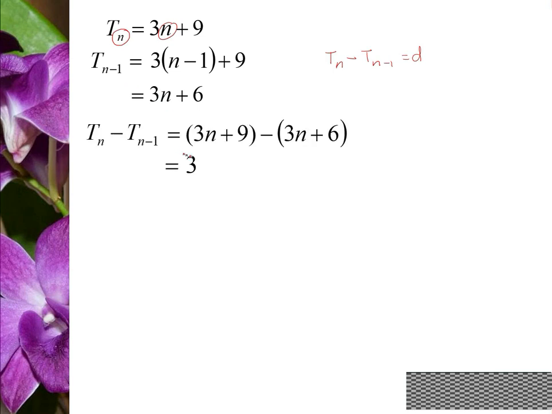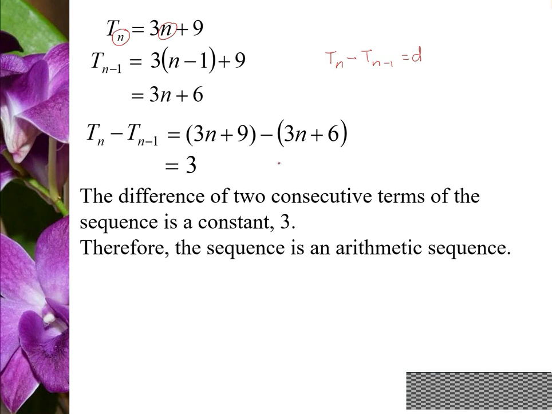To show that it is an arithmetic sequence, please write these sentences because you need to explain why it is an arithmetic sequence. So since the difference of two consecutive terms of the sequence is constant 3, therefore the sequence is an arithmetic sequence.